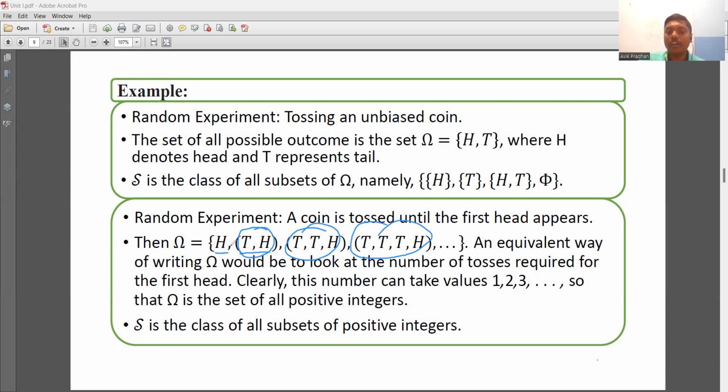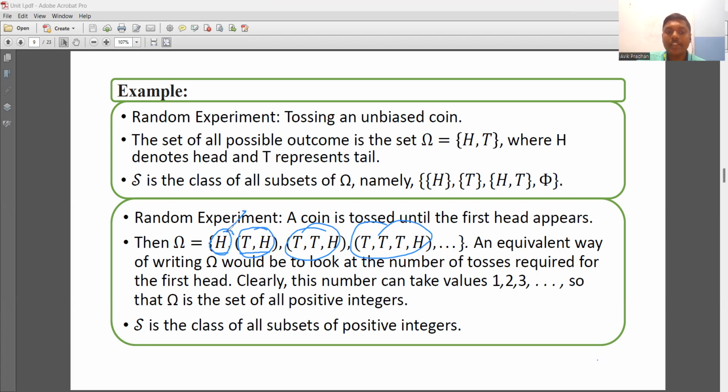So omega could have these elements, and observe that this omega is a countably infinite set, because I can map this set with the set of natural numbers. The number of tosses required to get the first head is a natural number.